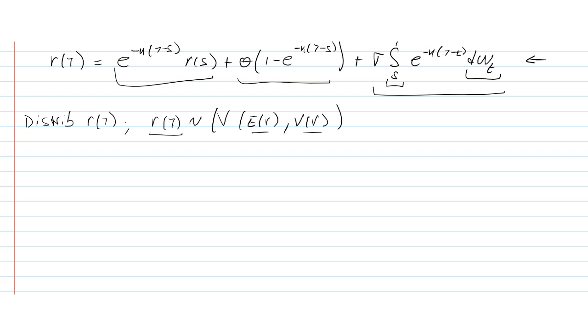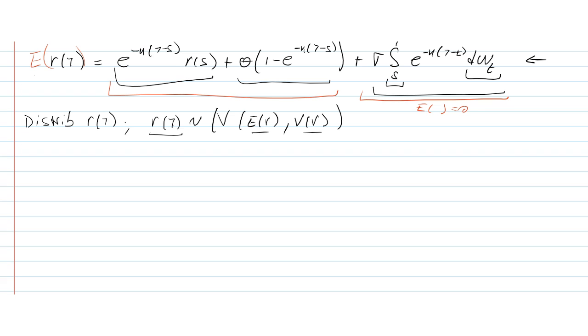As a hint, we kind of figure out that this will be the expectation and this will be the variance, just because when you get the expectation here, the expectation of this part is 0, so we're just going to live with the deterministic terms.